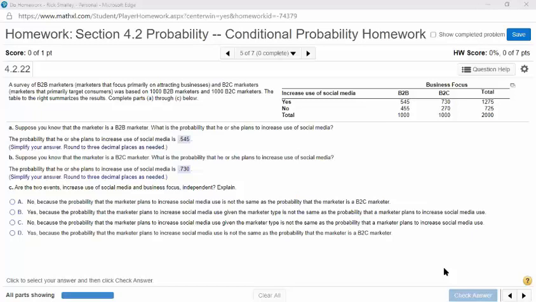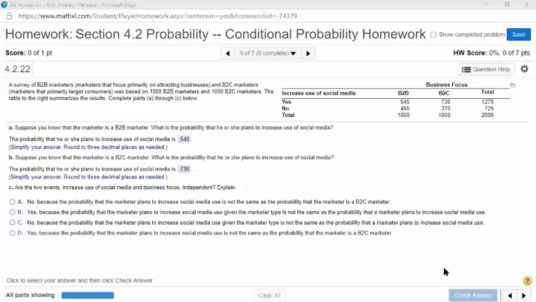We can check for independence different ways here. So what's the best way? Let me think. It's asking about social media and business focus. Are they independent?